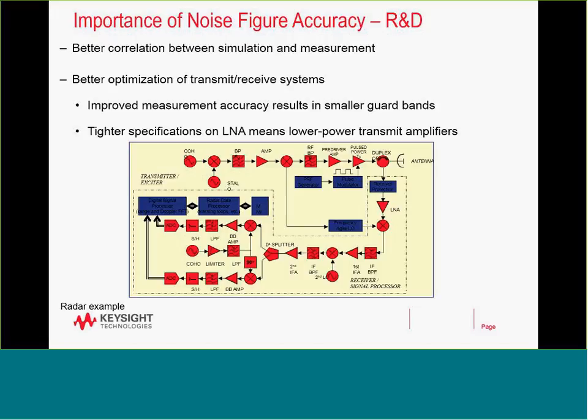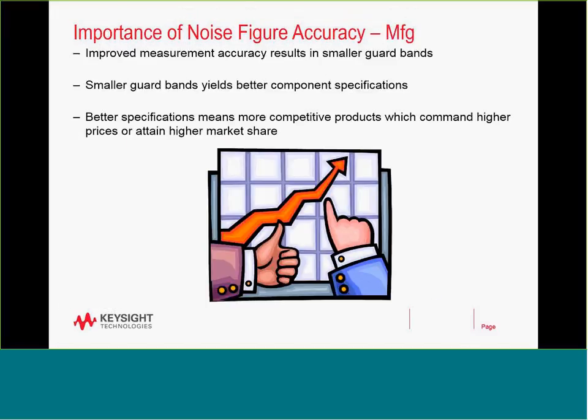Very importantly, noise figure is a difficult thing to simulate. We can always add some amount of noise power as we go along, but especially for determining guard bands, how tight the specifications are going to be for that receiver or transmitter in terms of noise figure. It's important in manufacturing.